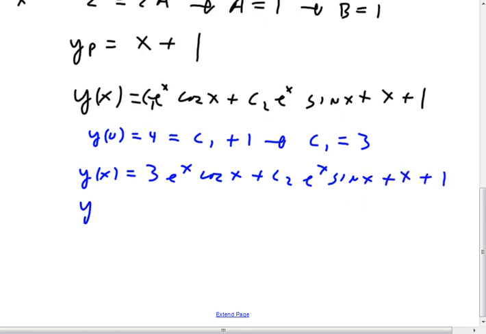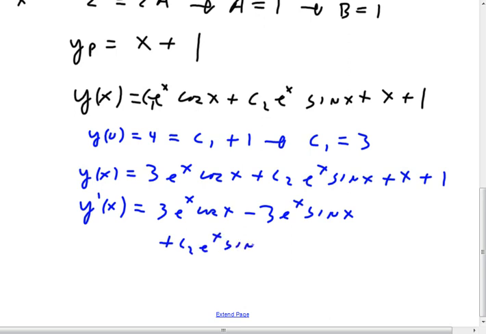Okay, y prime of x is equal to 3 e to the x cosine x minus 3 e to the x sine x plus c2 e to the x sine x plus c2 e to the x cosine x plus 1.